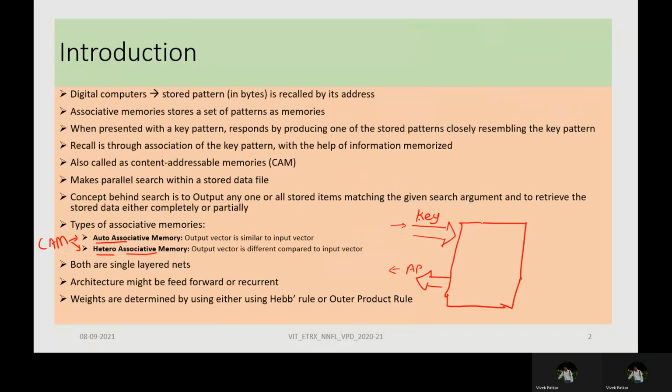We call that auto-associative. In hetero-associative, the key pattern and the generated pattern are different.